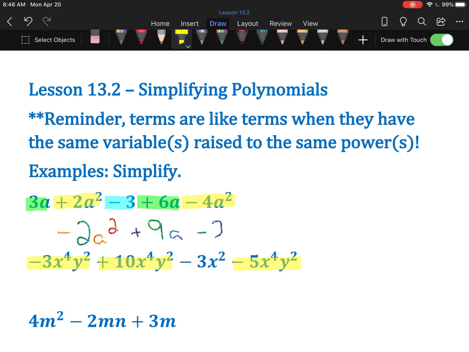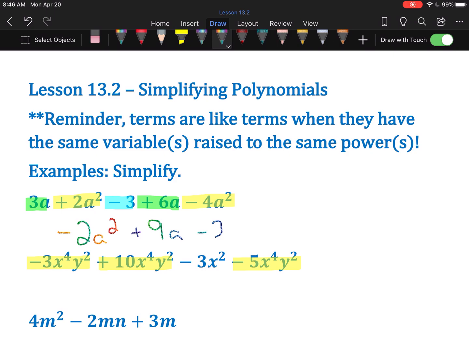And they're the first, second, and fourth terms. Those are all like terms because their variable portion are identical. X to the fourth y squared, x to the fourth y squared, x to the fourth y squared. So we can combine those into a single term that has x to the fourth y squared.